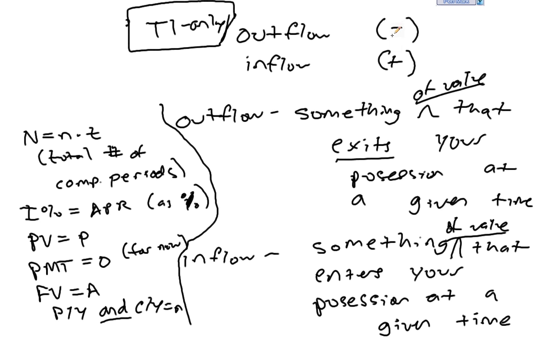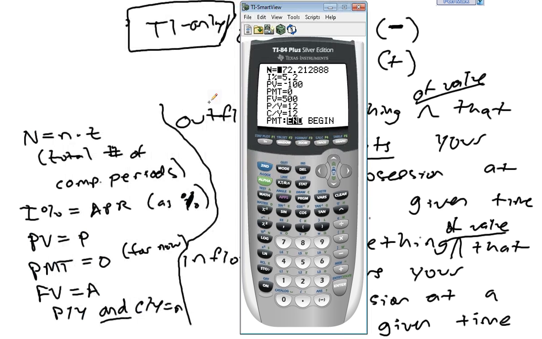If we're going to initially spend money, or something of value exits your possession at a given time, then that's considered an outflow and needs to be considered with a negative sign. Something of value that enters your possession at a given time is considered an inflow and will be denoted with a positive sign.